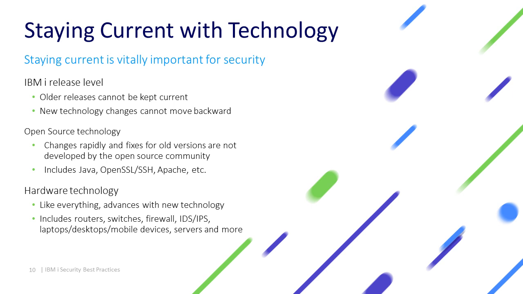So we'll talk more about that, but it really goes a long way beyond that even with the IBM i releases now, there's a lot of issues trying to keep the older releases current from a fix standpoint. That has been going on for a while now.